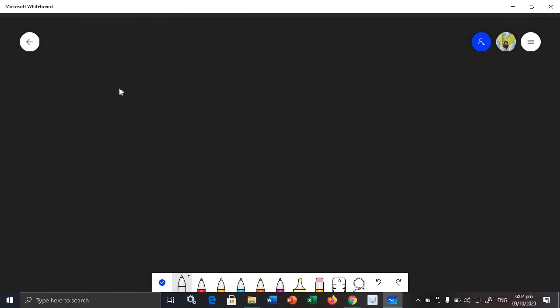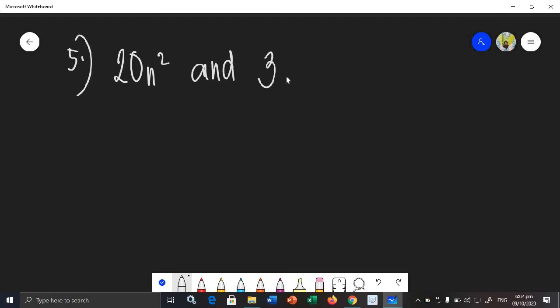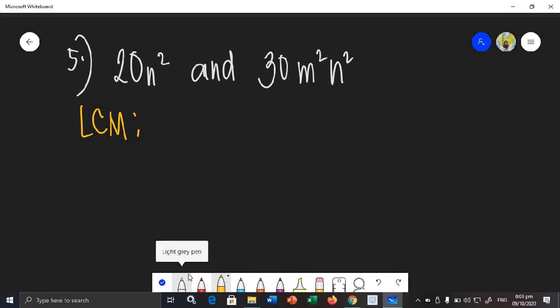Let's say we have another example, our fifth example: 20n squared and 30m squared n squared. Let's get the LCM of the numerical coefficients first. If you can't do it mentally, you can simply list the multiples manually, step by step.